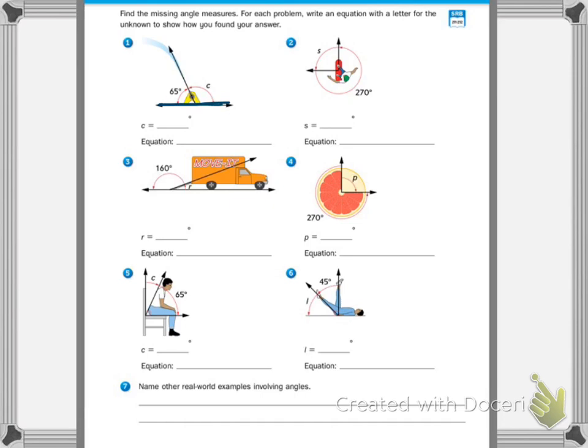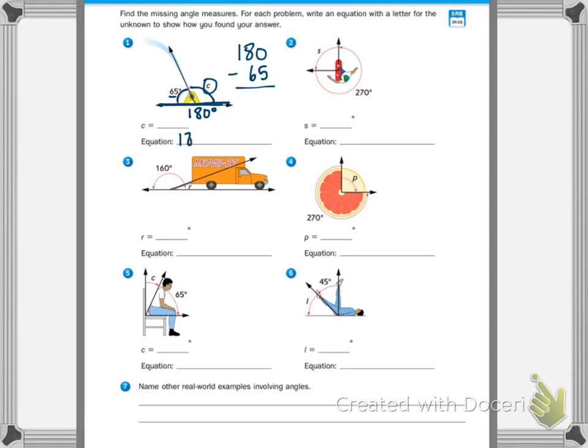Well, I see a 65, and I also see this straight angle, which is 180 degrees. So if I wanted to find out what C was, well, if 65 and that C make the 180, then I know that whatever 180 minus 65 is going to give me C. And that's my equation.